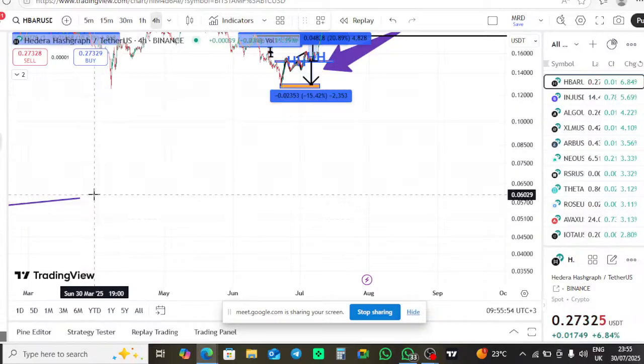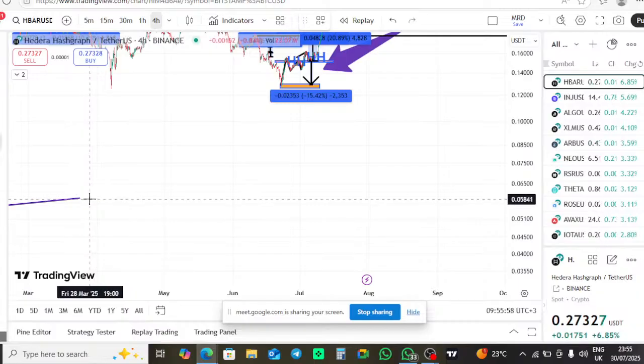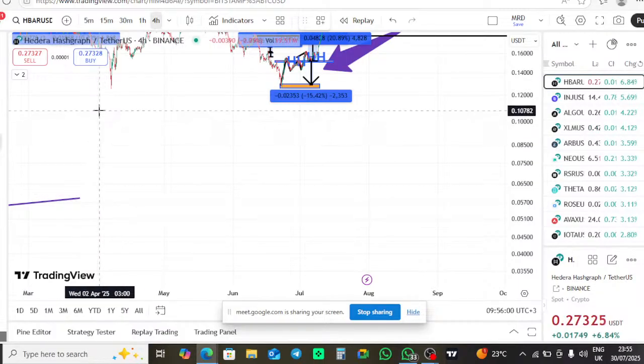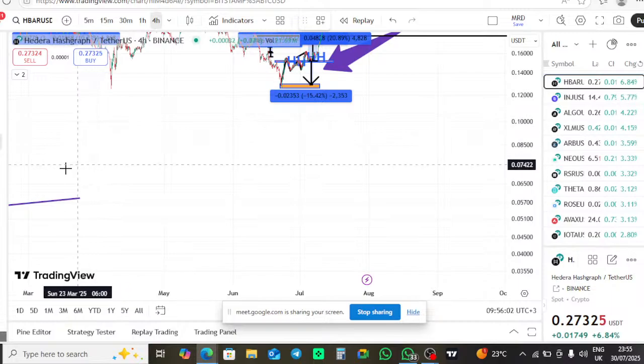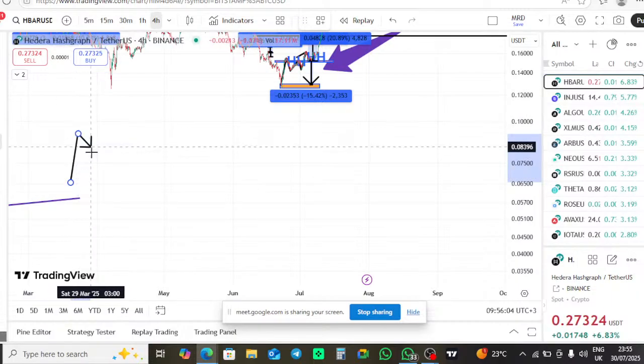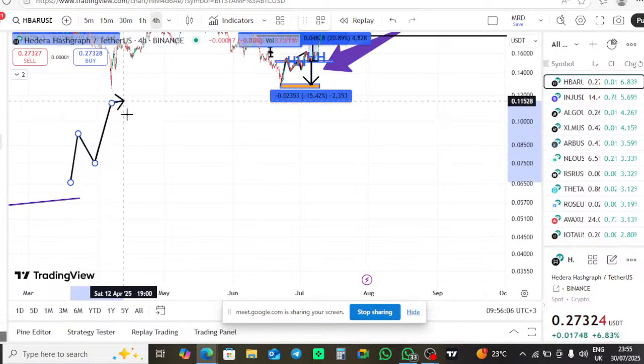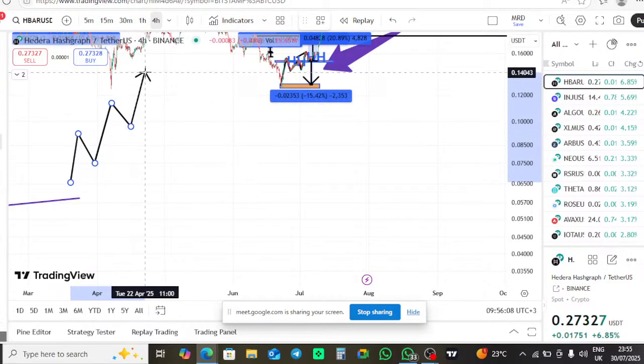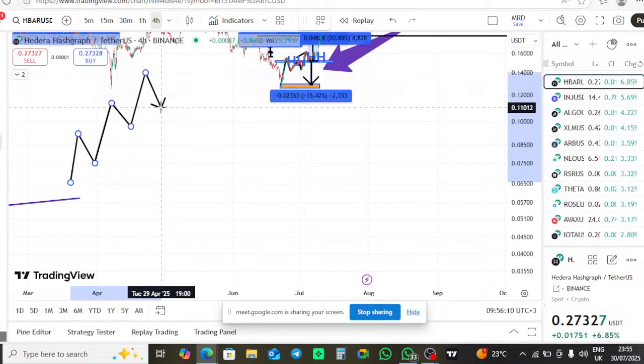Sometimes change of character is very confusing. I'm going to show you, and we put it on the real chart. I'm going to draw for you how the change of character looks. So it will be an uptrend and it will stop. Then we start dropping. If we start dropping, just mark.